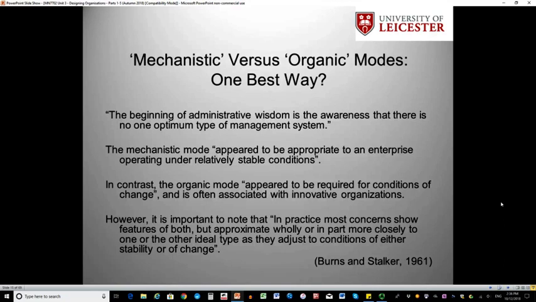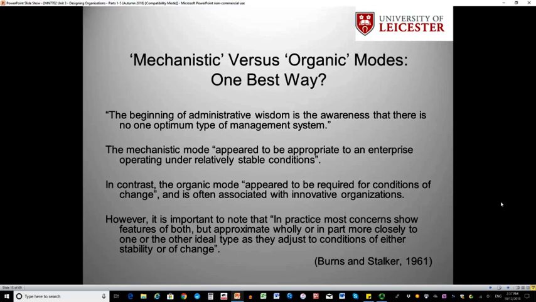Now, what Burns and Stalker talked about is that there is actually no single best way to organise. You know, there's nothing wrong with being organised in a mechanistic way, and there's nothing necessarily wrong in being organised in an organic way. But it does depend on what you want to achieve, and it does depend on your context.